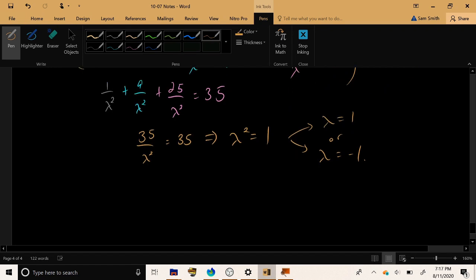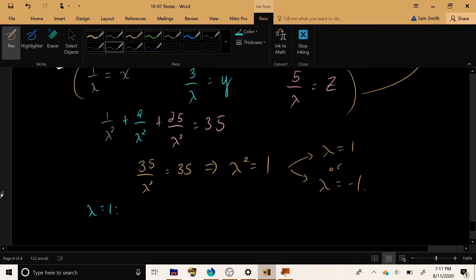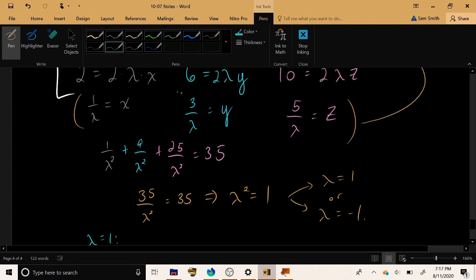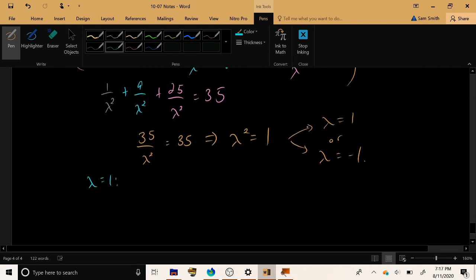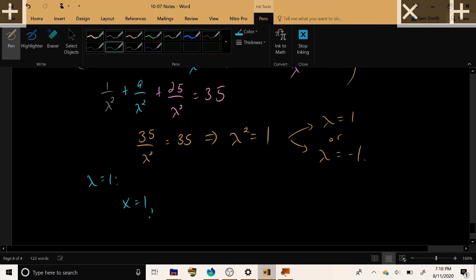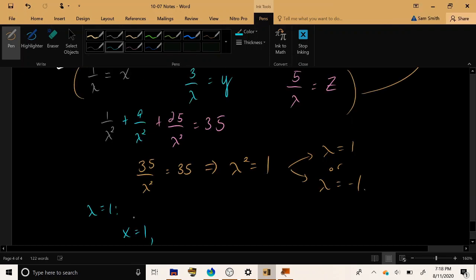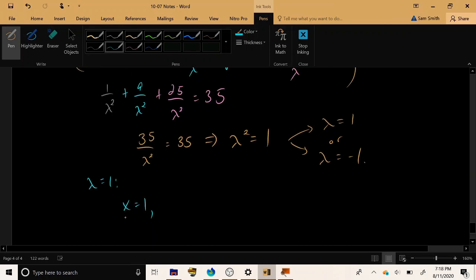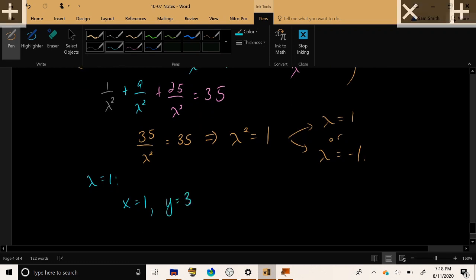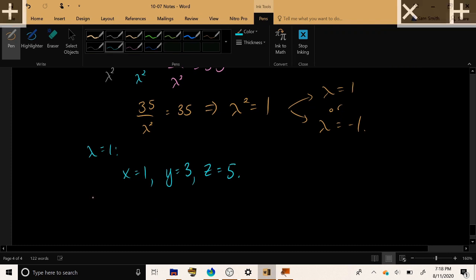So for example, when lambda is equal to positive 1, if I plug that into all 3 of these fractions, that tells me that x must be positive 1 as well, y must be positive 3, and z must be positive 5. If lambda is equal to negative 1, all these points change to their opposites. x is equal to minus 1, y is equal to minus 3, and z is equal to minus 5.